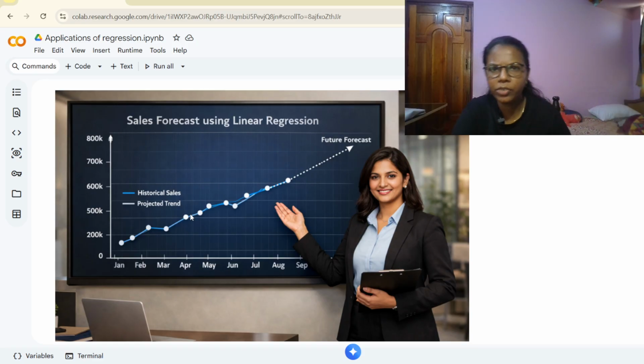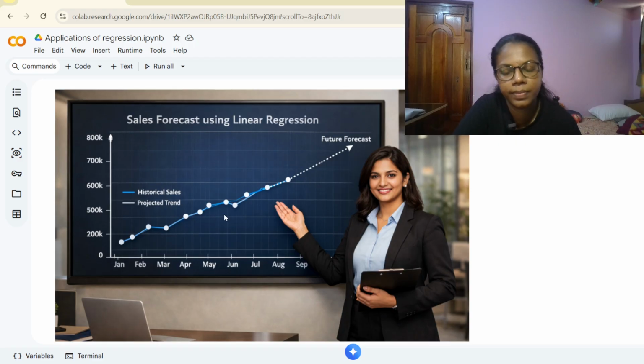If I train using 5 or 6 years of data, it will definitely make sense, and it is going to give us clear insights which will help improve our business, increase the sales and get more revenue out of it. That is how powerful it is.